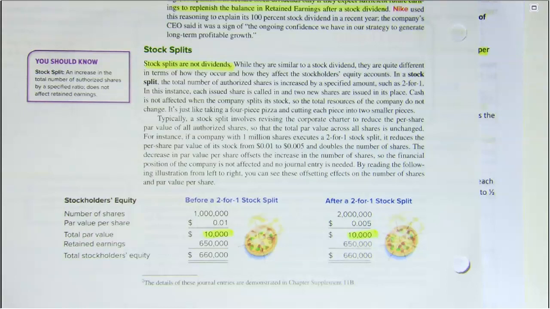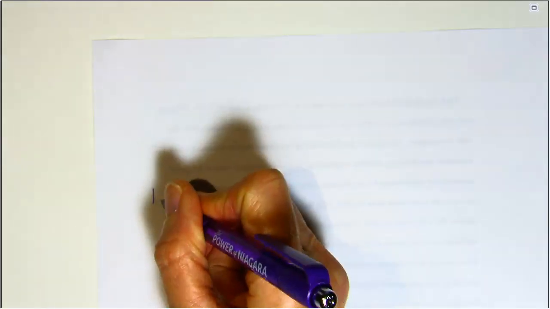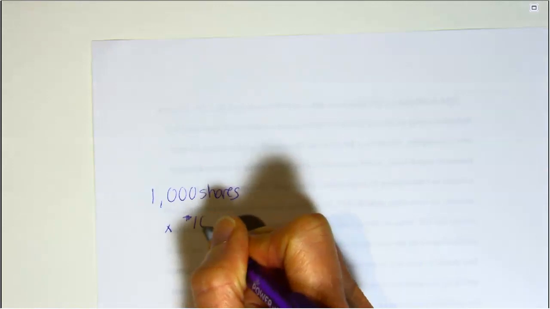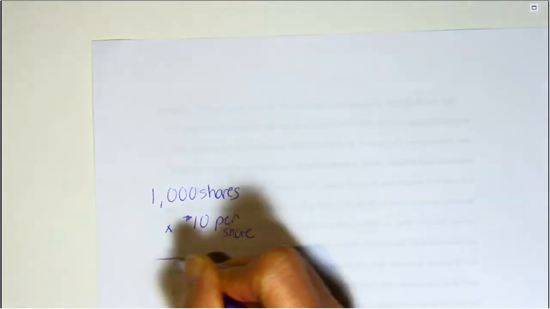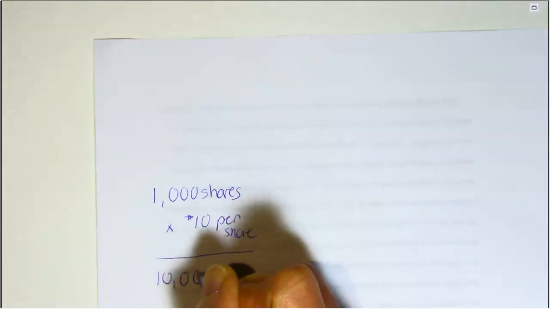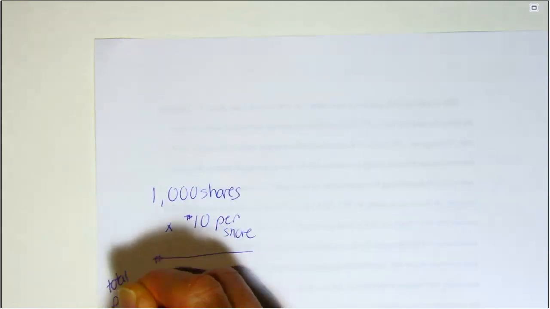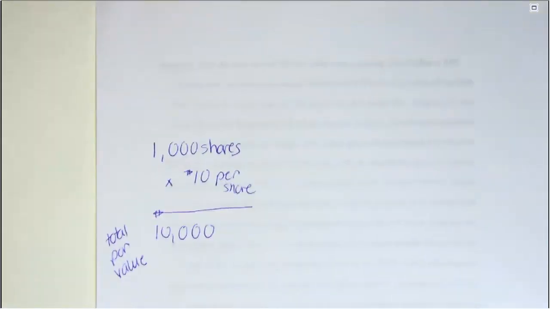So let me just give you another example. Let's do a few calculations here. Let's say I have 1,000 shares of stock, and the par value is $10 per share. If we multiply that out, the total par value would be 10,000.